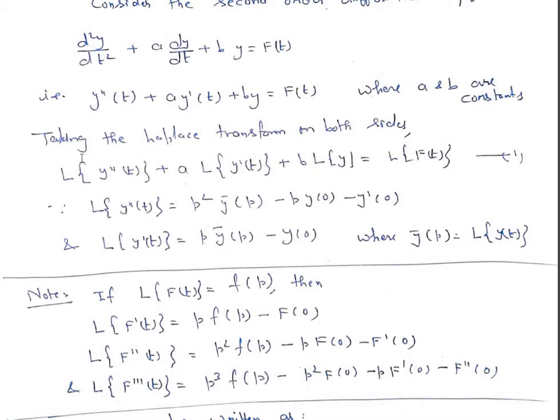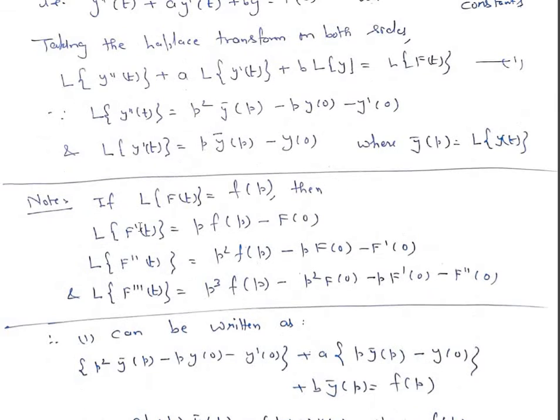So likewise here, L of y''(t) is p² into ȳ(p) minus p into y(0) minus y'(0), and L of y'(t) is equal to p into ȳ(p) minus y(0), where ȳ means L of y(t). So these formulae are similar to the formulae which we have done earlier.